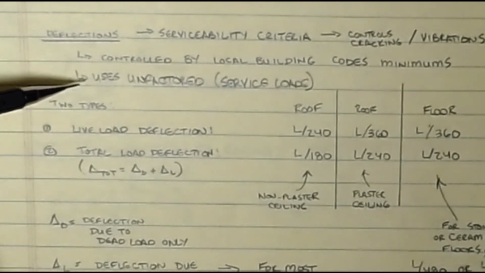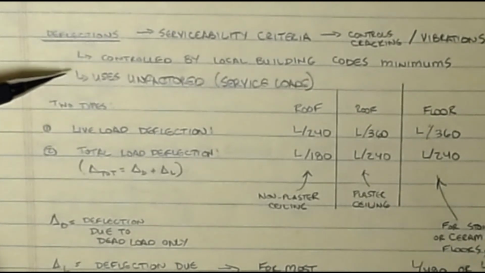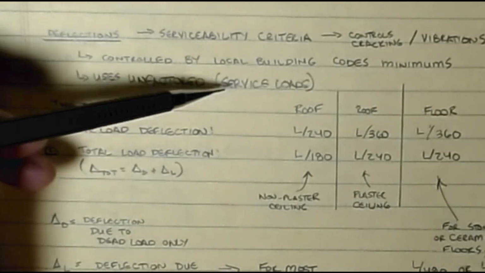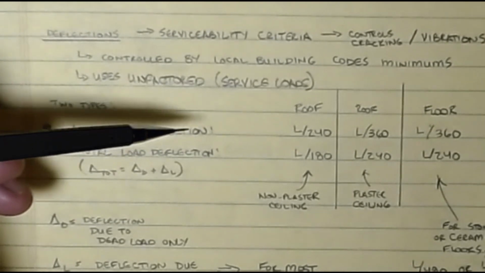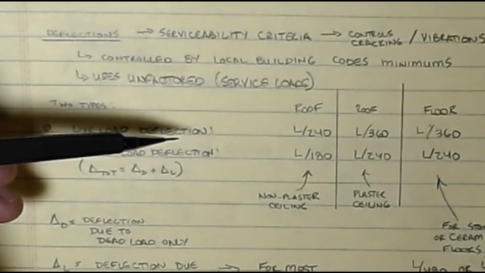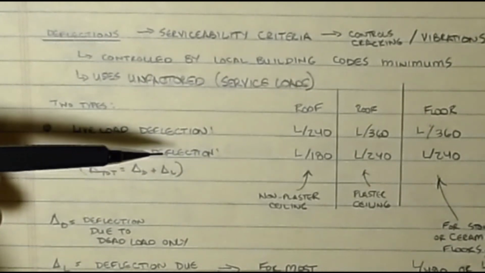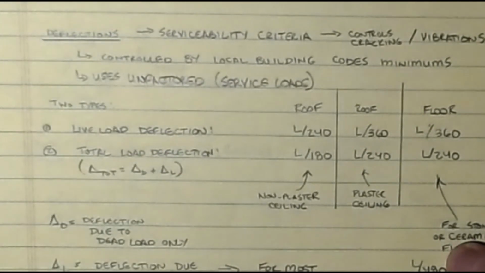The thing to remember is that in all of these deflection criteria, we use the unfactored loads, what we call service loads, because it doesn't make sense to put a 1.2 factor on a dead load if all I'm doing is measuring displacement, because the 1.2 has no meaning. We want to know the true deflection under the true load.